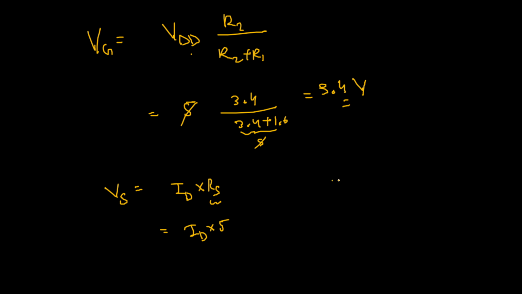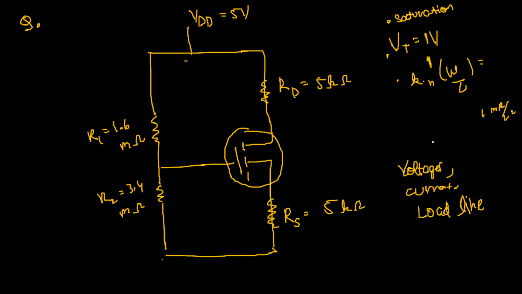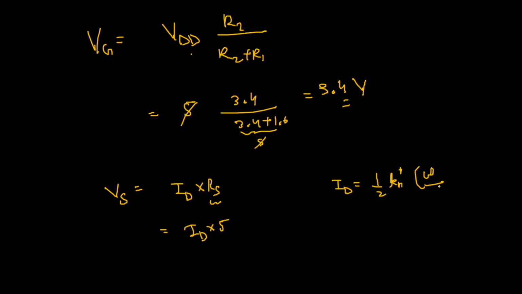Then we know that ID is equal to half Kn dash W by L into V overdrive square, right? The value of Kn dash W by L is 1, so we have half into 1 into VGS minus VT whole square.